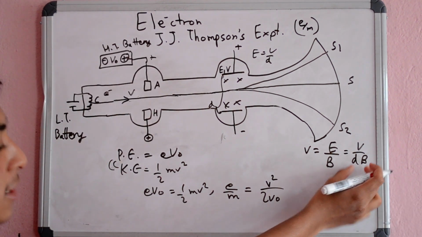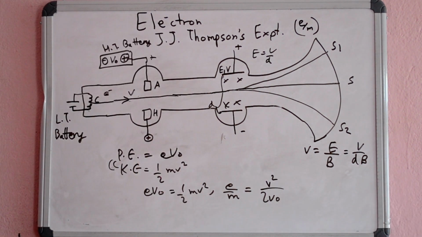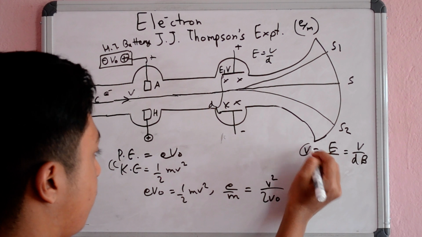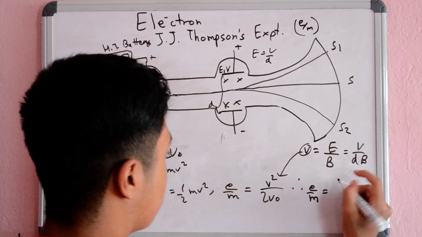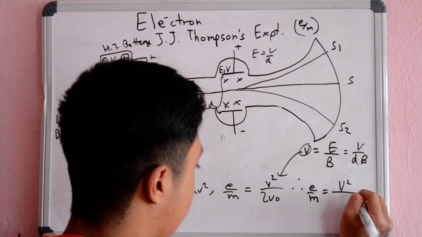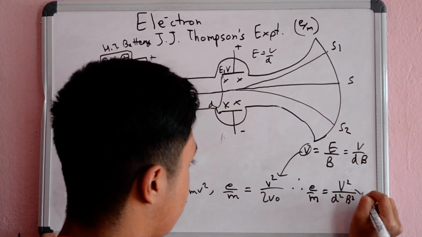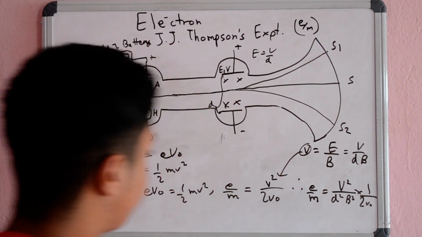Don't confuse dB as change in B. And here what we do is simply put the value of v in this equation, therefore getting e by m is equal to V square by D square B square into 1 by 2V naught.